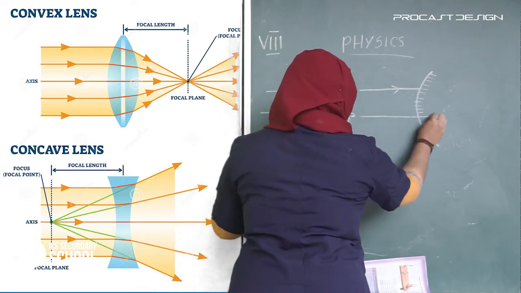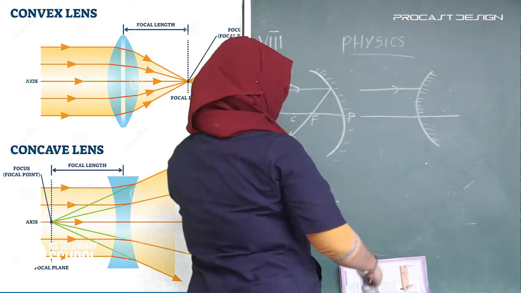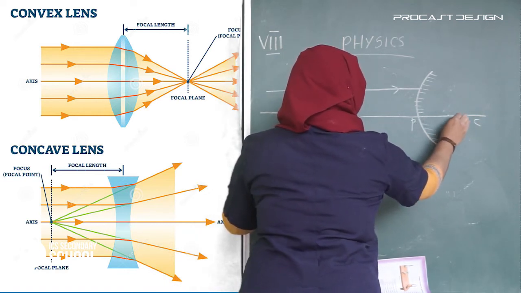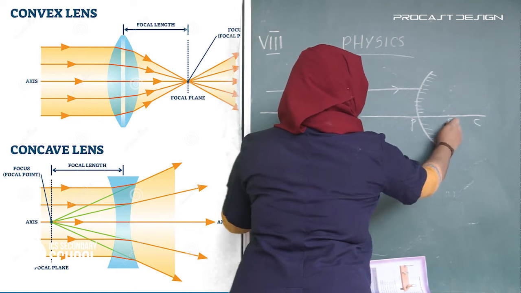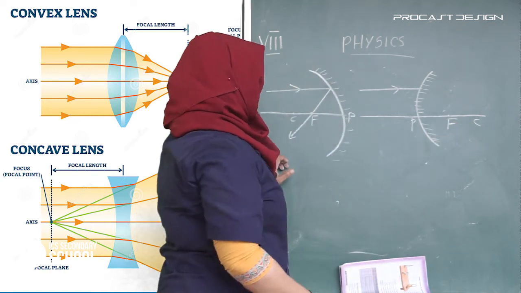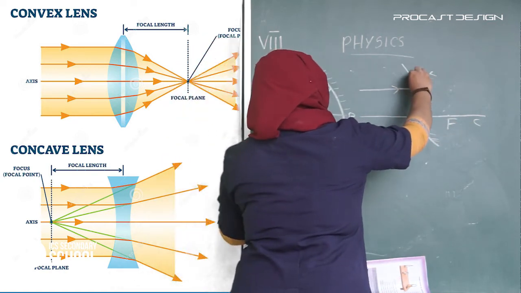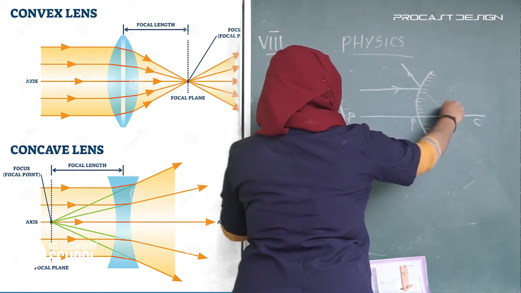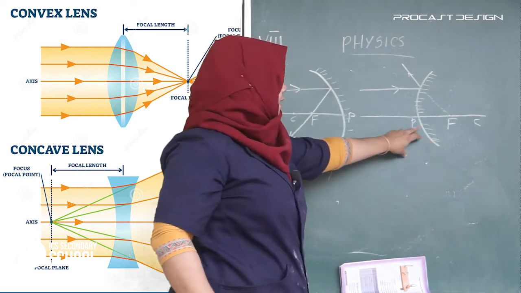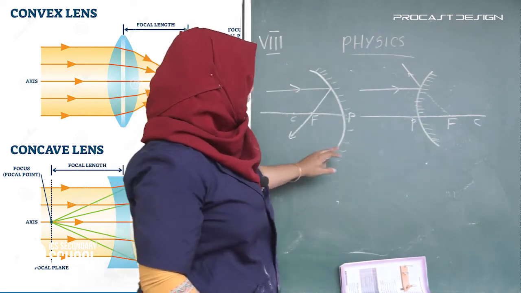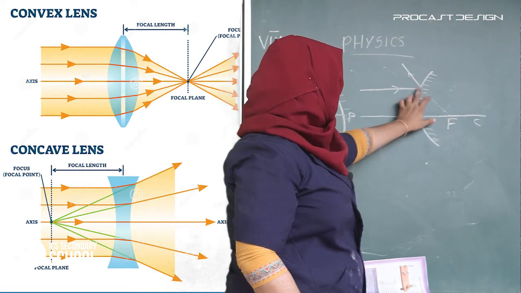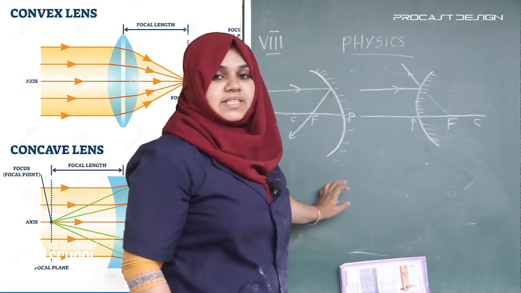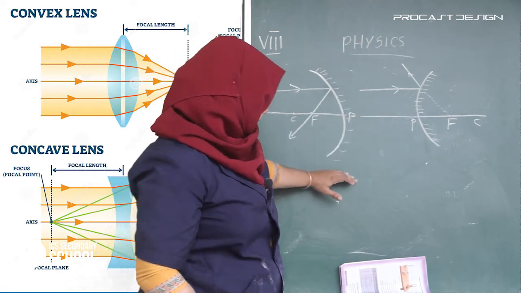This is the principal axis, with P and F. It reflects like that, then an imaginary line shows that the reflected ray goes through this principal focus. All of you draw like that.